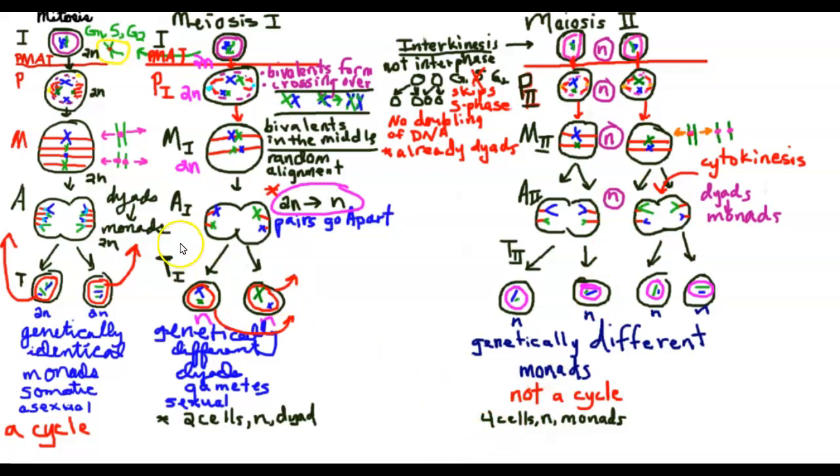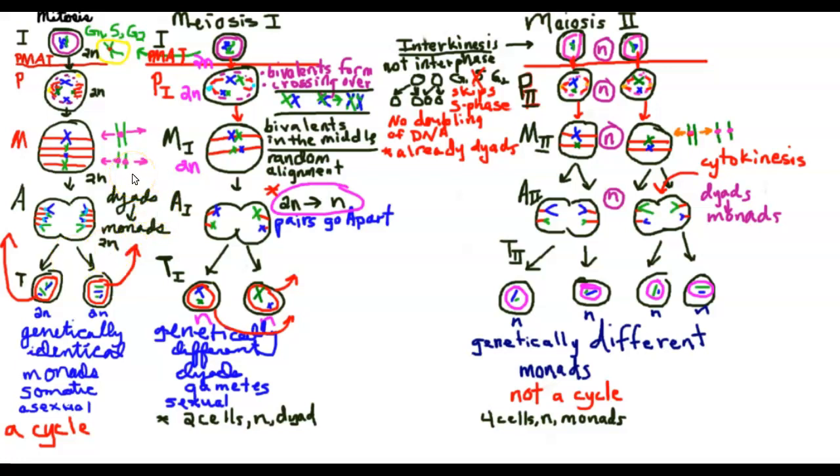Alright, let's continue on with anaphase 1. This is where the diploids become haploids. So notice these are dyads. Pairs go apart. After this, everything is going to be haploid. Let's compare it to anaphase of mitosis. Right here, the sister chromatids go apart. The dyads become monads because that's going to happen up here in metaphase.